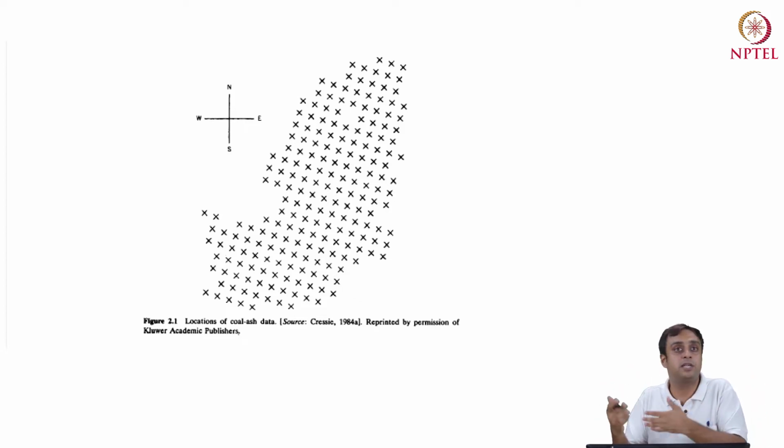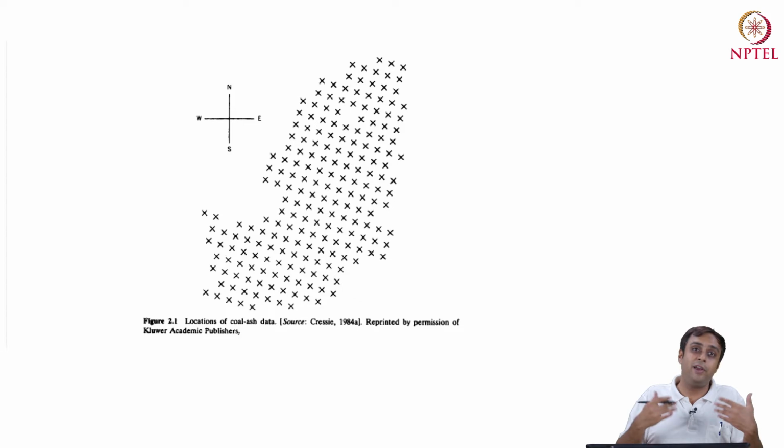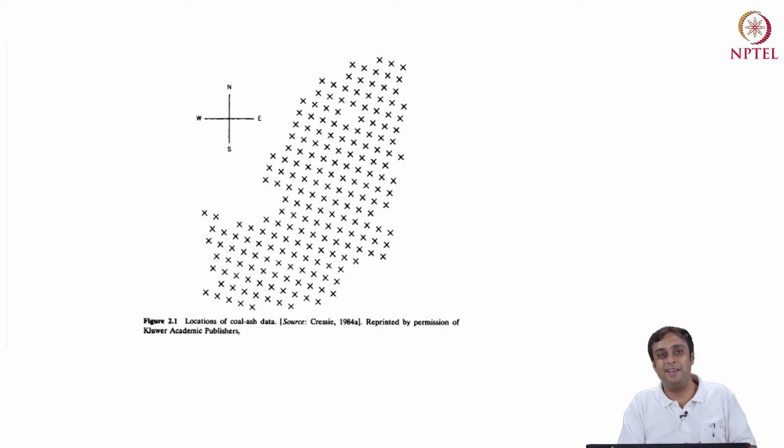Remember, coal mining projects are often multi-decade projects, right? So when you go in, you really are going to be spending a lot of capital in mining that coal. So what one does is explore whether or not there is coal beneath any particular region that we can look at, and what is the quality of that coal.